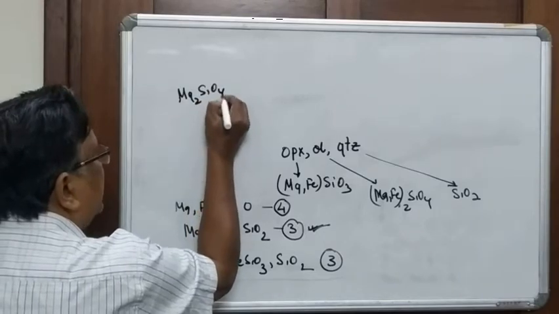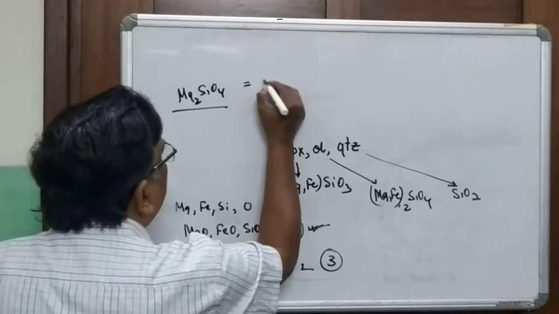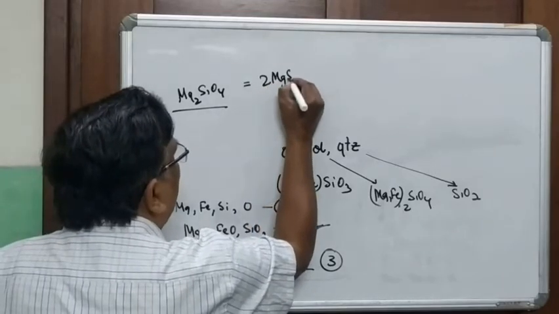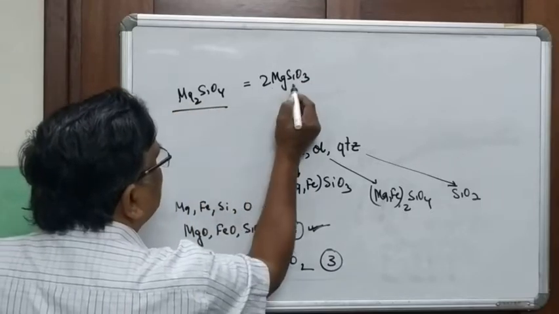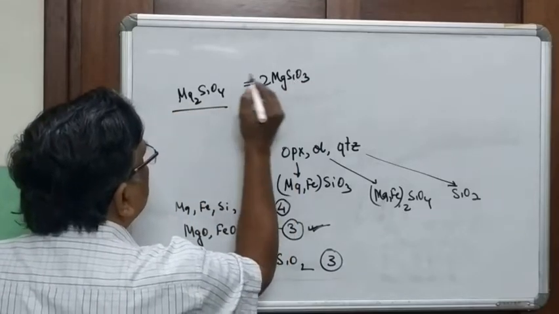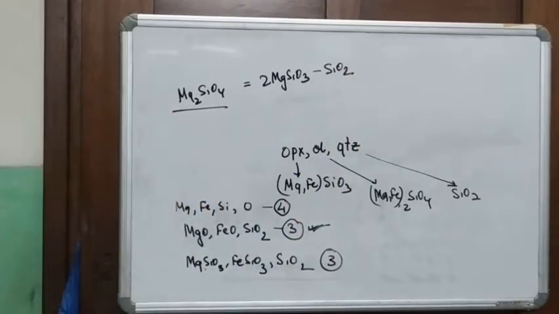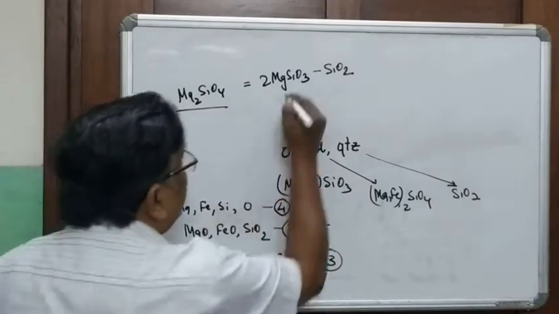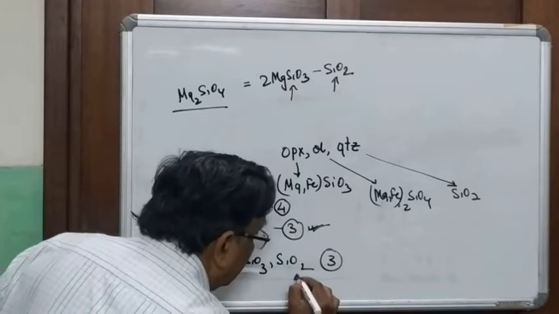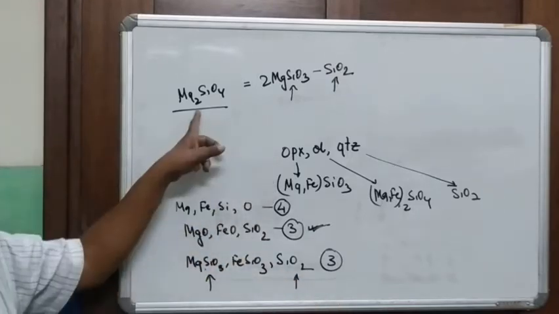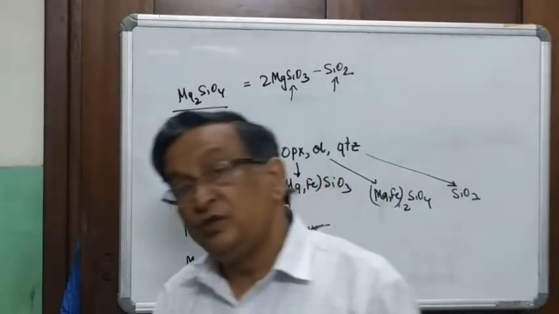It's very simple. Mg2SiO4 is the composition that you want to describe. So you have 2MgSiO3. Now you see 2Mg is balanced, silicon is now 2. So then it's okay. These are my components which I have chosen, and I can write my formula by algebraic addition of the 2 components.